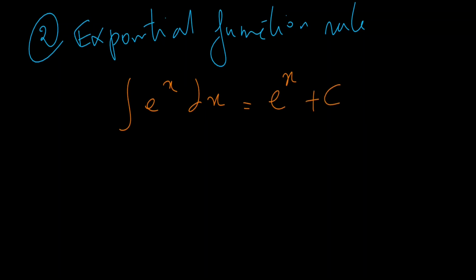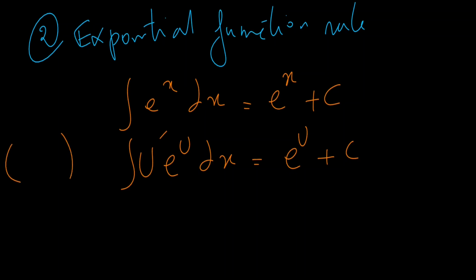Here we add c to have all possible antiderivatives, and the primitive of exponential of u multiplied by u prime is the exponential of u. Here u is a function.